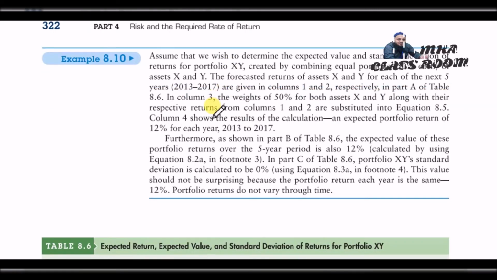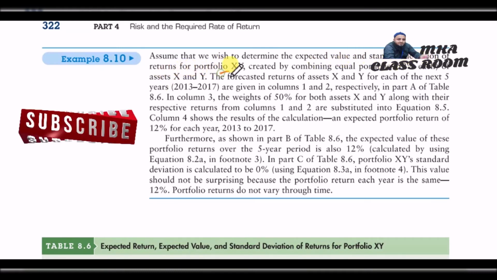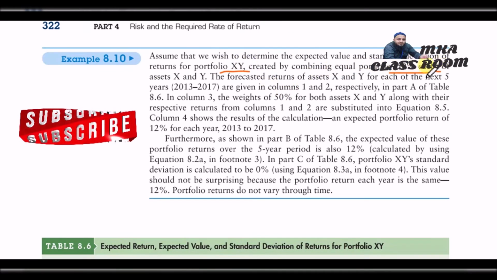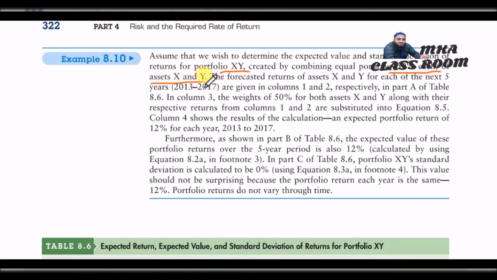Assume that we wish to determine the expected value and standard deviation of returns for portfolio XY, created by combining equal portions of 50% of each of asset X and asset Y. Forecasted returns of X and Y for each of the next 5 years, 2013 to 17, are given in columns 1 and 2. Then you have to calculate the portfolio return and standard deviation.